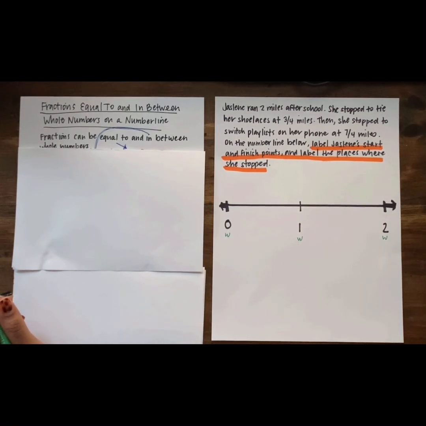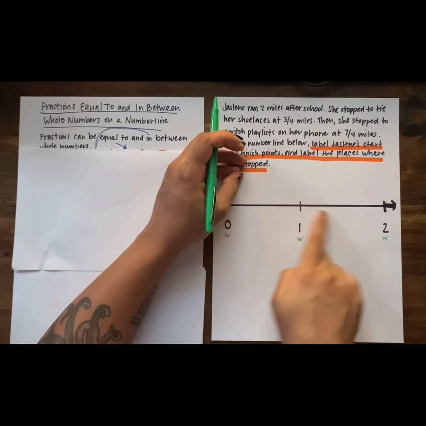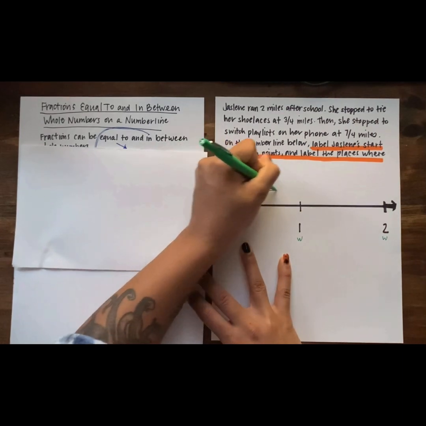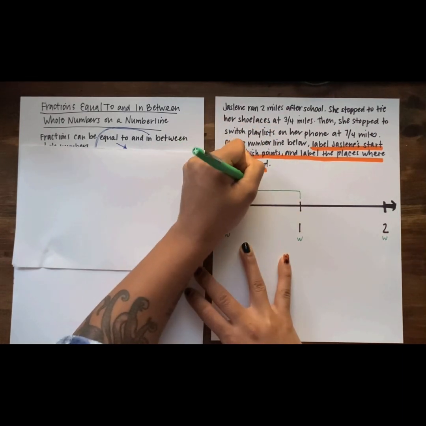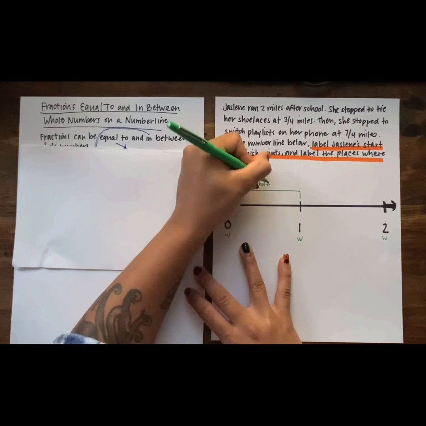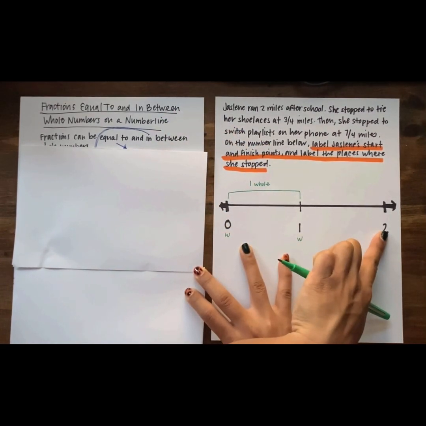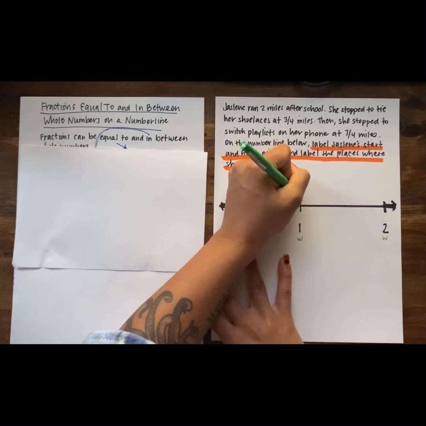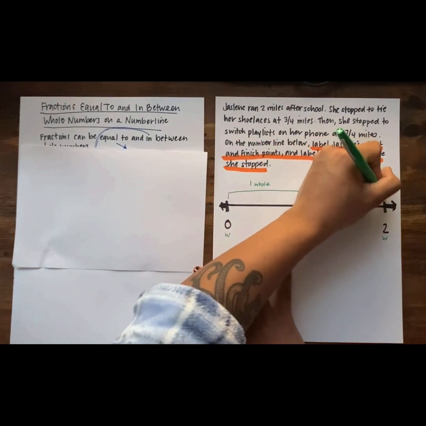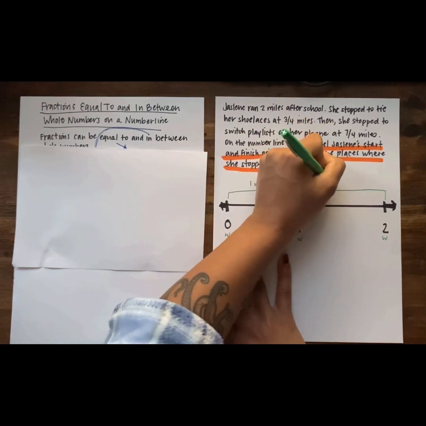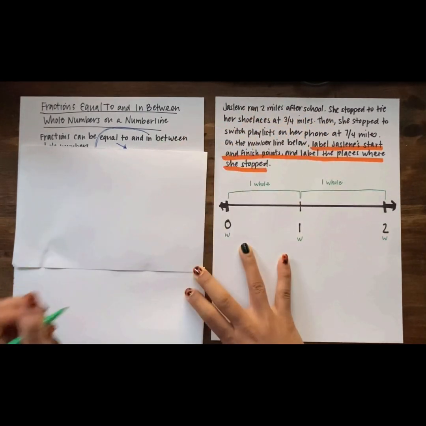On a number line, the whole numbers are represented in the intervals, or the spaces between the whole numbers. Where we write the number just marks the end point of where the whole stops. So you can see from 0 to 1 is one whole, and from 1 to 2 is another whole.